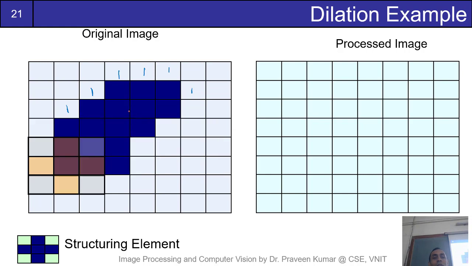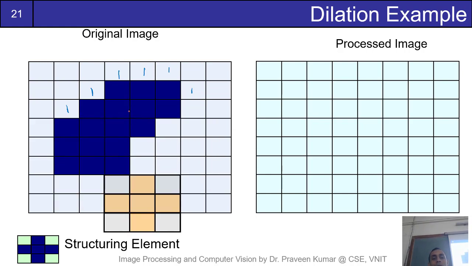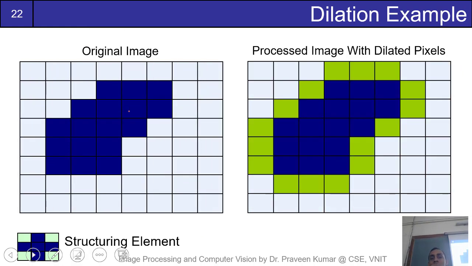So if you continue doing this, it is basically going to give you this processed image with dilated pixels. So to your original boundary you will be adding 1 pixel from each boundary. We have used a 4-neighbor cross structuring element, which is basically considering only 4 neighbors. So we have added boundaries only in the top and the left direction, not in the diagonal direction.